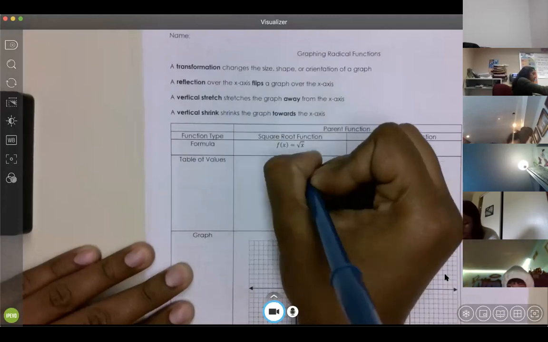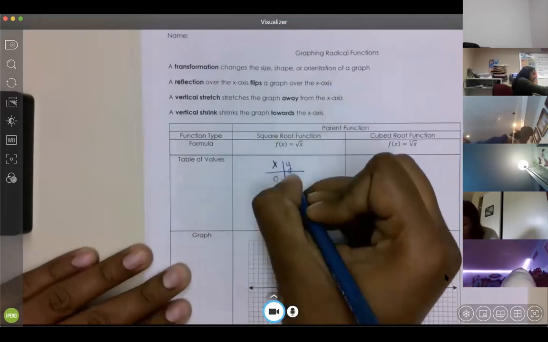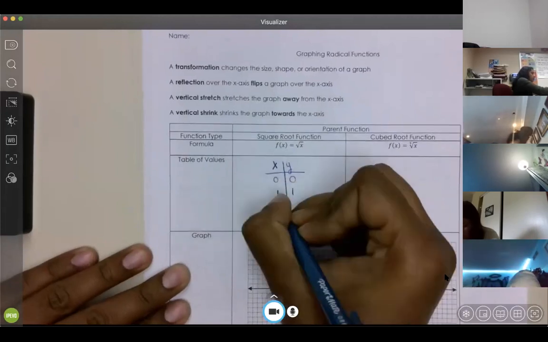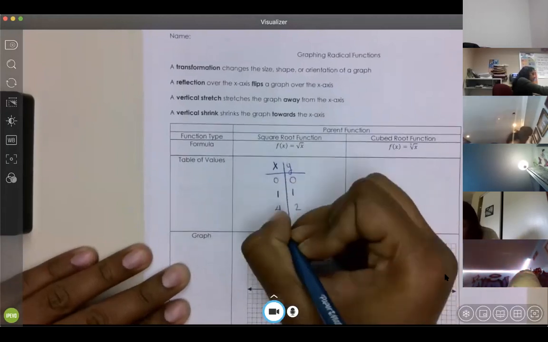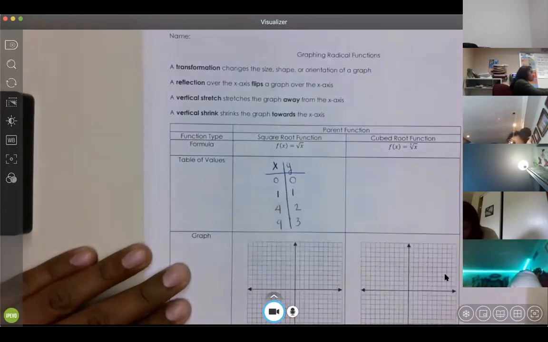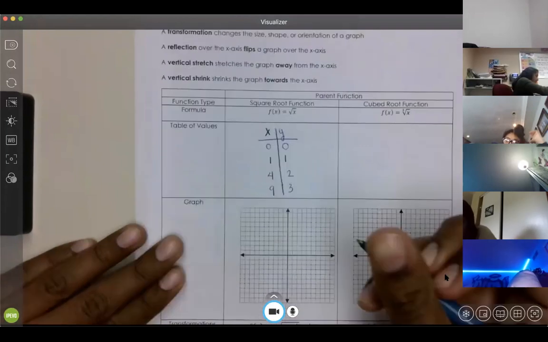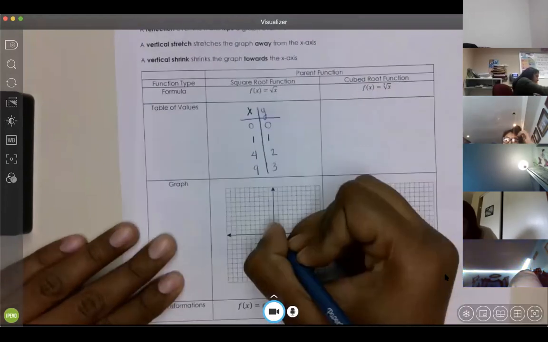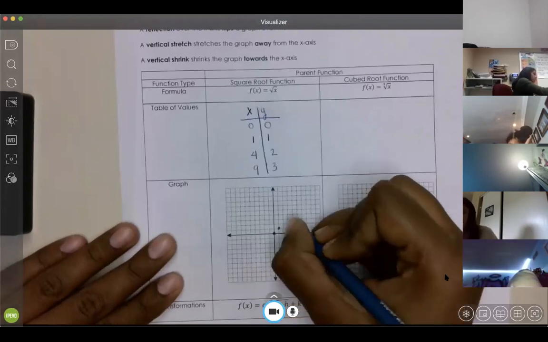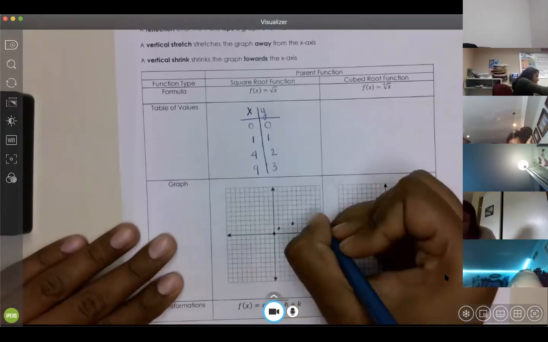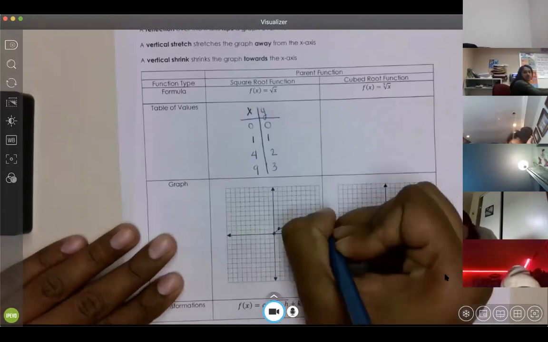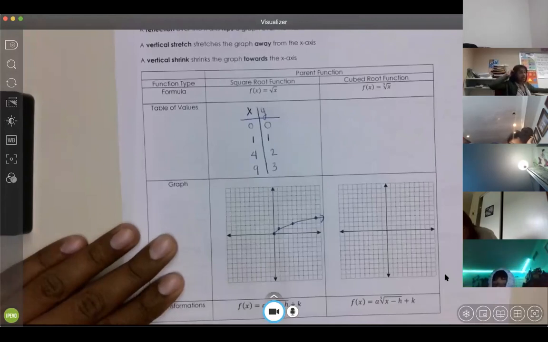So we've got 0, 0, 1, 1, 4, 2, and 9, 3. So if we graph that, we've got 0, 0, 1, 1, 4, 2, and 9, 3. That was just a review from Friday.